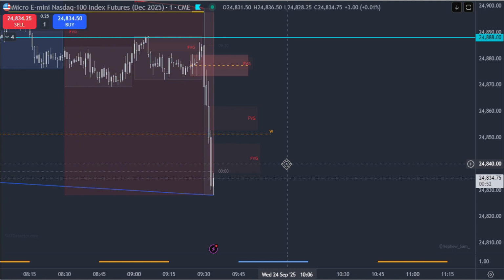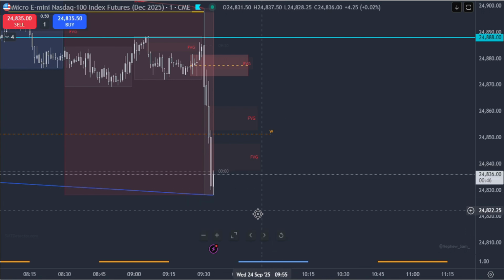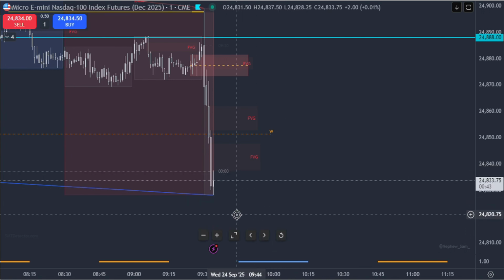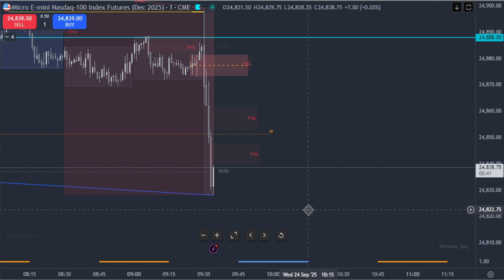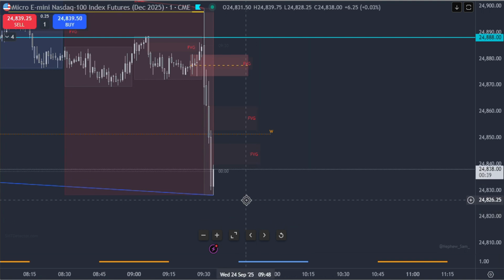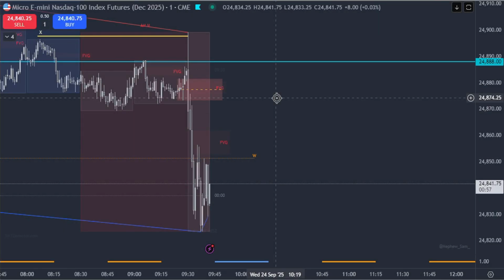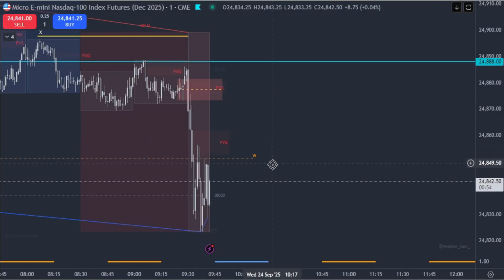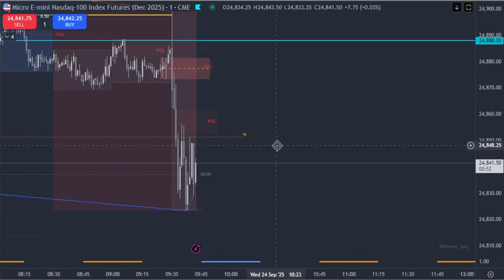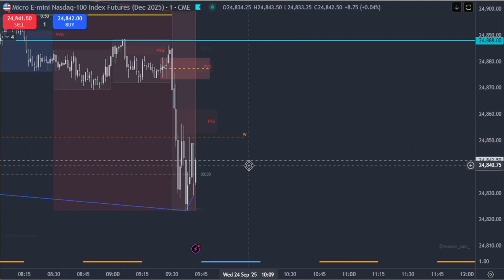So we're just going to monitor here and see what happens. And I'm going to push pause. And once we get closer to our time of interest, which is this macro here, then I will see if I have a move. All right.